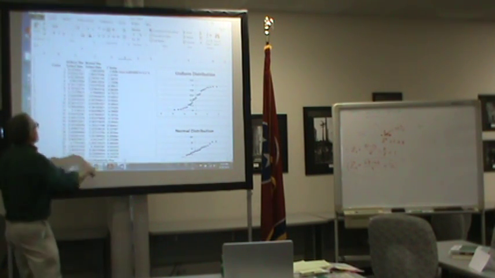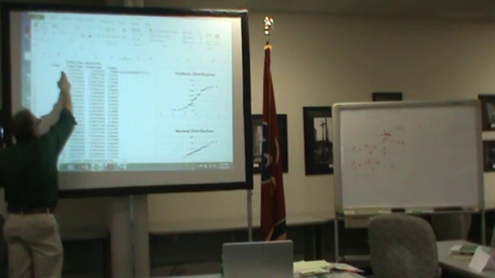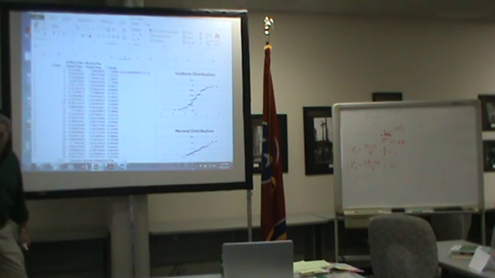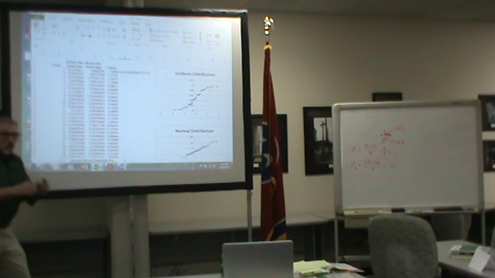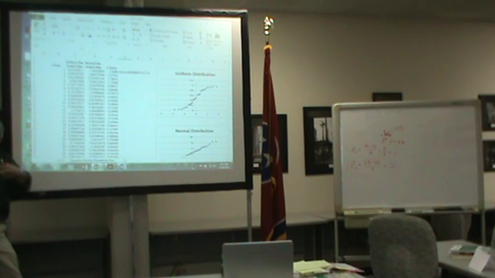Get the Z-score corresponding to point number 1, which is 1 over n plus 1 of your data. So if I had 9 data points, the first point would be the 10% Z, the second would be the 20% Z, the third the 30% Z.